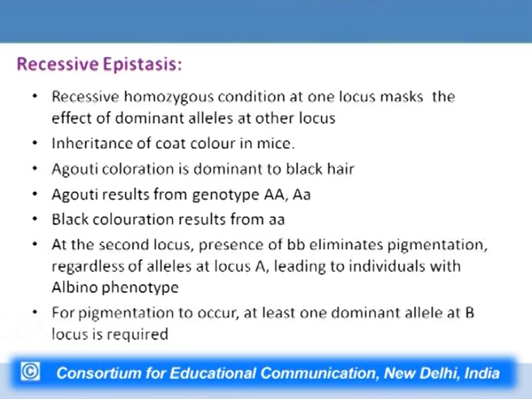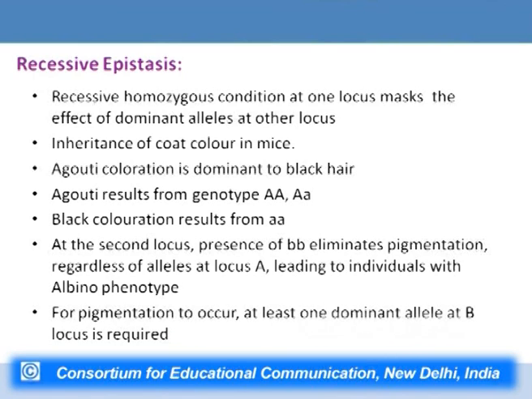At the second locus is another allele wherein the presence of the recessive homozygous condition, small b, will eliminate pigmentation completely from the mice regardless of the allele at locus A. This leads to individuals with albino phenotype.